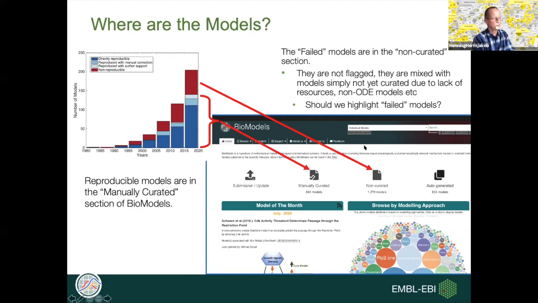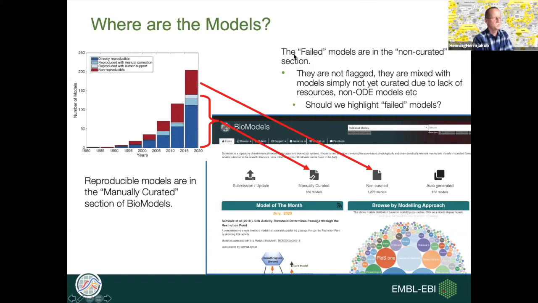One is we would first like to get the study published before we make it completely accessible to everybody, because there is quite a high interest, let's say, in this area at the moment. But also from the beginning, when we set up BioModels policies a long time ago, we decided not to highlight the models where the curation failed, basically to avoid a naming and shaming.